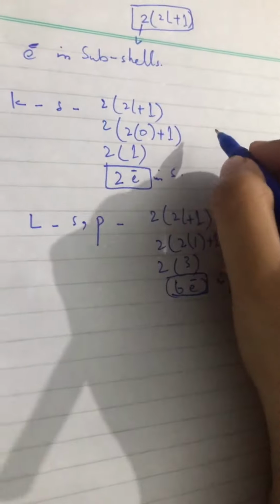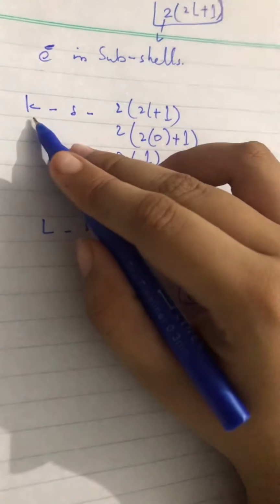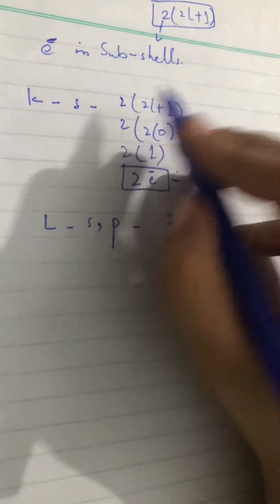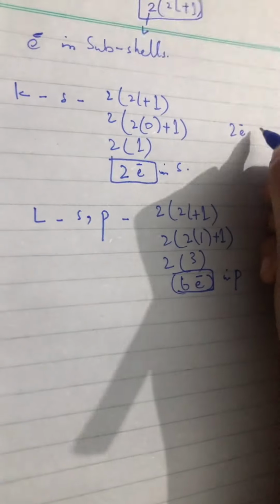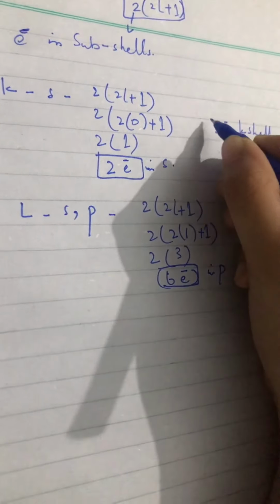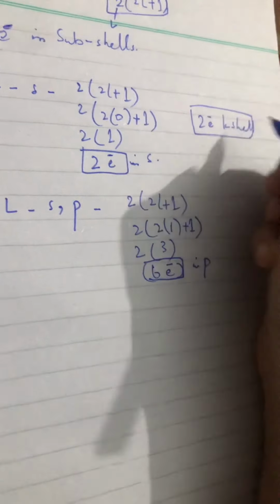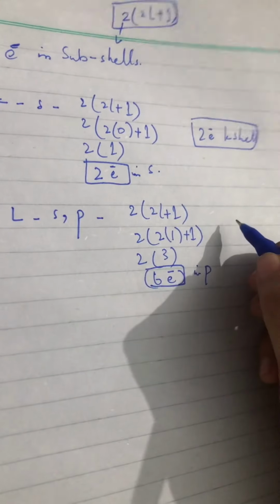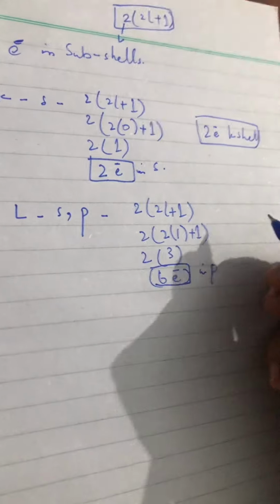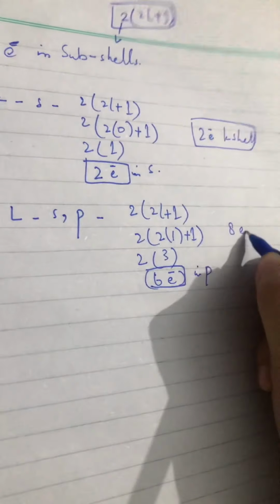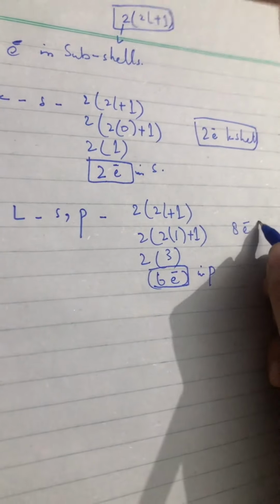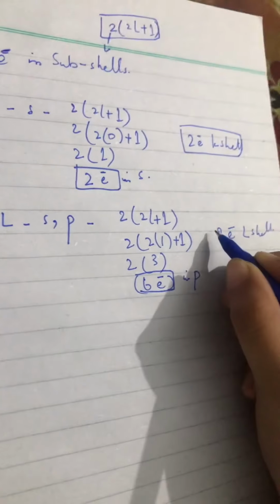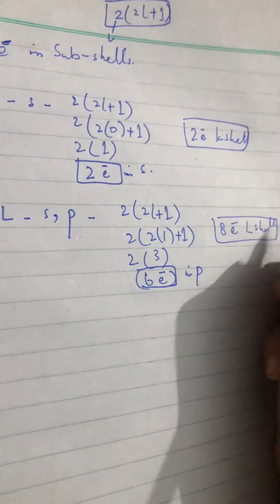You can also see here that in the K shell, as we found before, we have only 2 electrons. And in the L shell we have 8 electrons. Now see how 8 electrons.